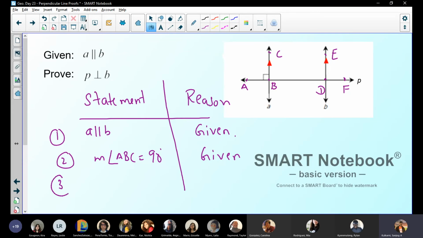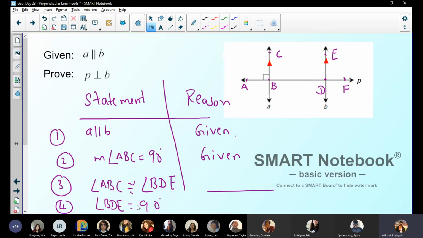And you further have angle ABC. You have to tell me the reason for this. Use your chat. Angle ABC is congruent to angle BDE. What is the reason? You have studied it previously. So tell that. And angle BDE equals 90 degrees.